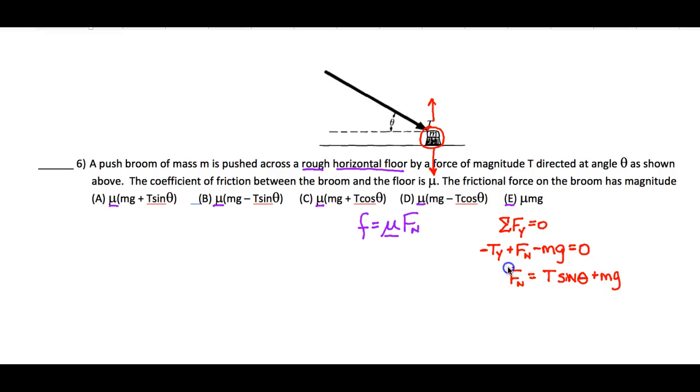And it's that description for the normal force that gets substituted into my frictional force equation to give me the final answer: the frictional force is equal to mu times T times the sine of theta plus mg. And when I do that, I can see that choice A in this case is the best answer.